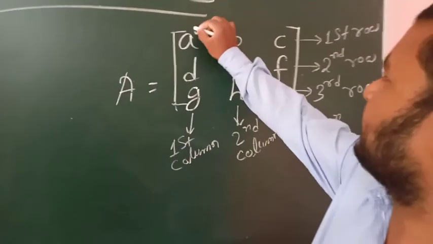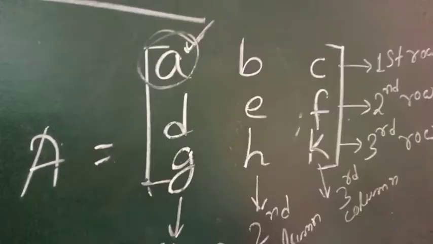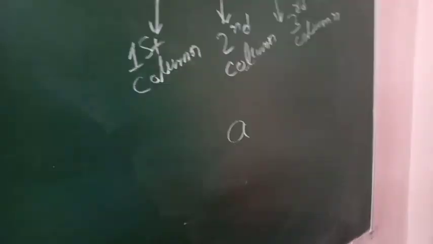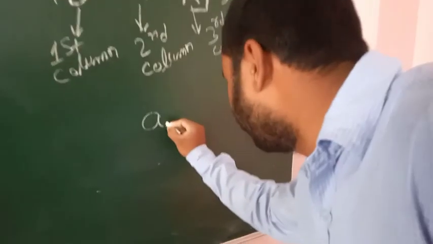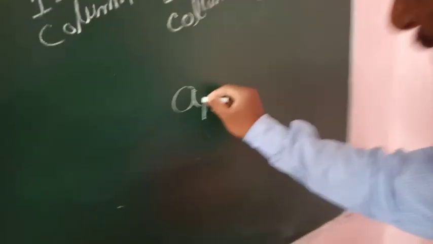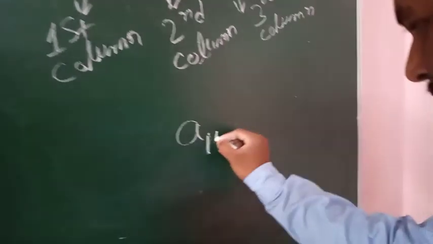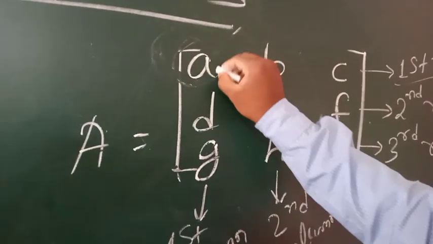For the first element, we go to A. This A is from the first row, so we write 1 here, and A belongs to the first column also, so we write 1. Instead of A, we write A11.